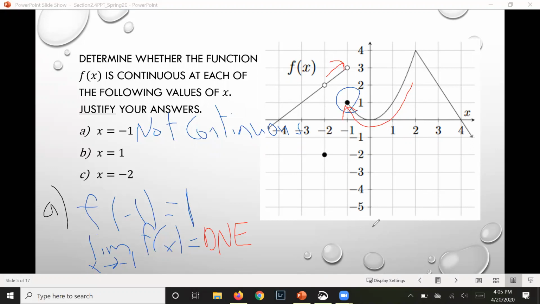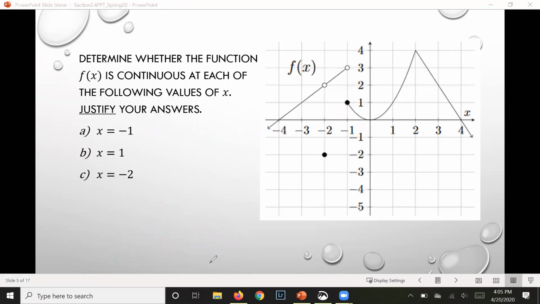All right, so let's look at the next one then. x equals 1 now. So we have to again check those 3 criteria. So first of all, does f of 1 exist? It looks like it does, right? We can go up, input 1, we get an output of 1.